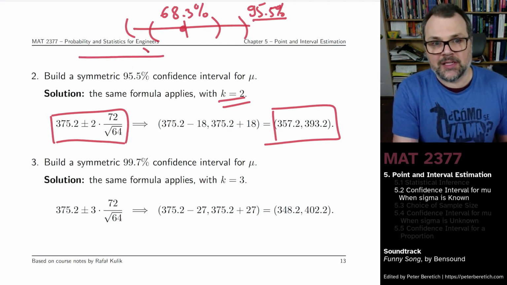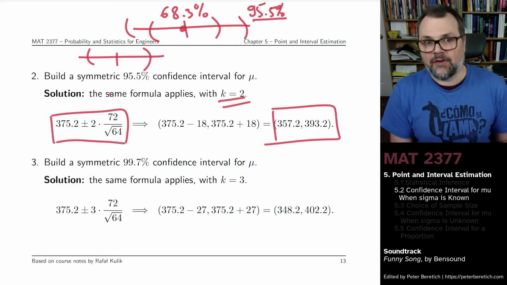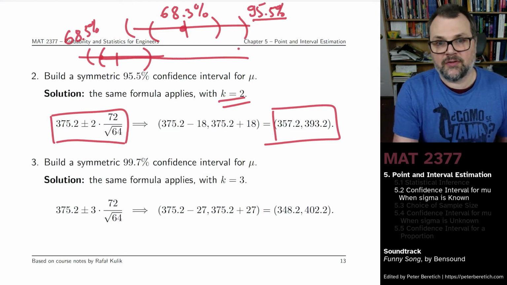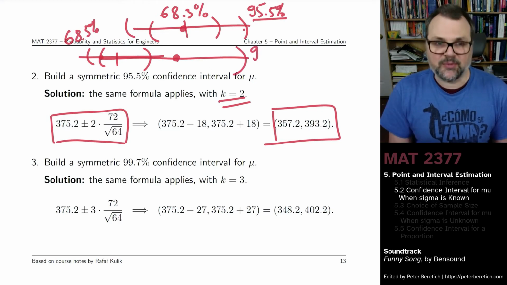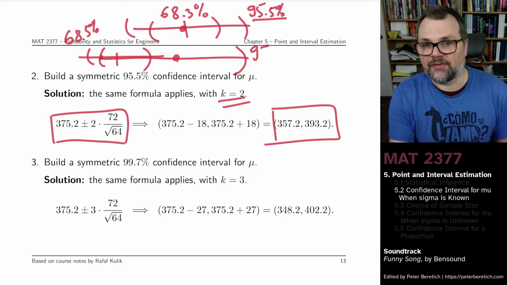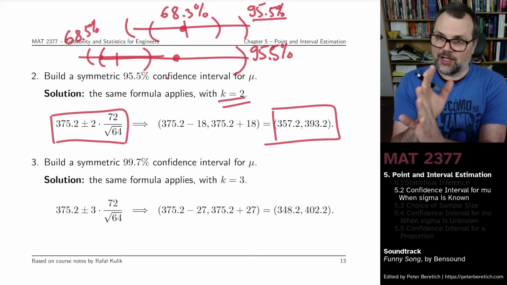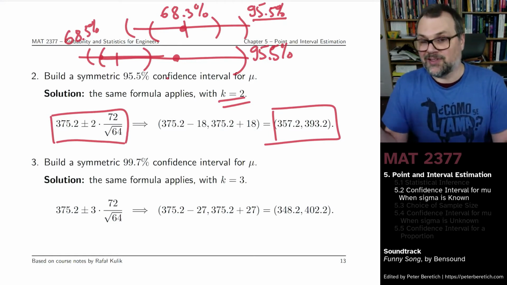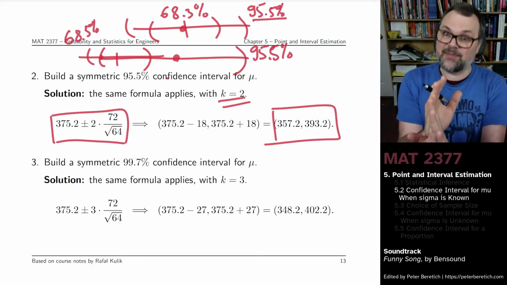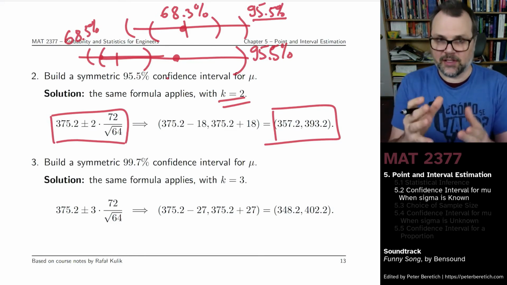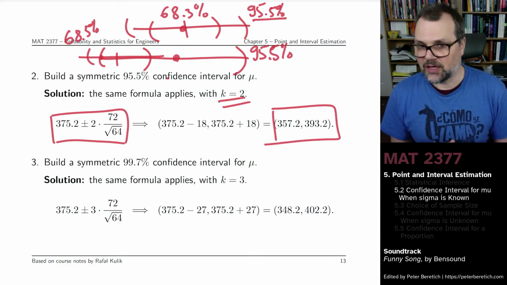If you build a 68.3% confidence interval with one sample, and then you build a 95% confidence interval from another sample, it's possible that the 68.3% confidence interval would not be completely contained in the 95.5% because you would have a different central point if you have different samples. But if you're building them from the same sample, the 95.5% confidence interval will always contain a 68.3% confidence interval.